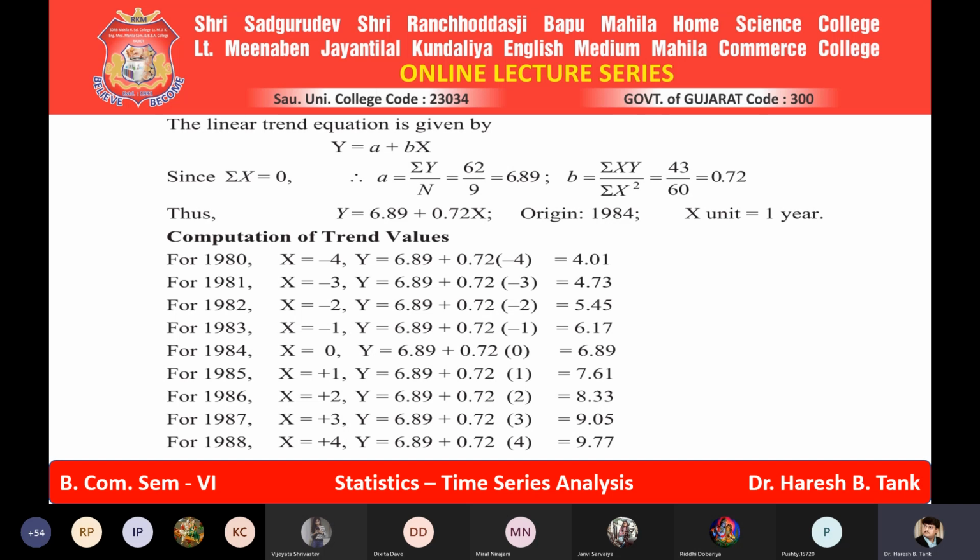And the entries against all the years are 4.01 against 1980, 4.73 against 1981, and so on up to 9.77.